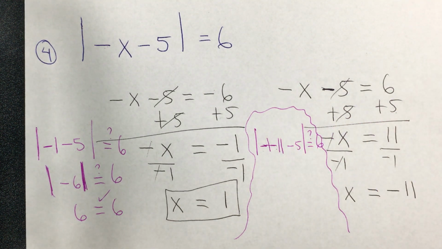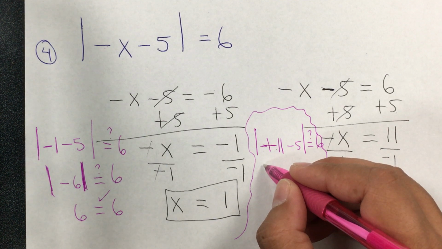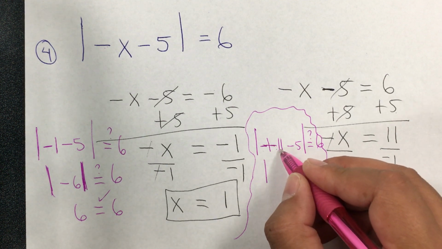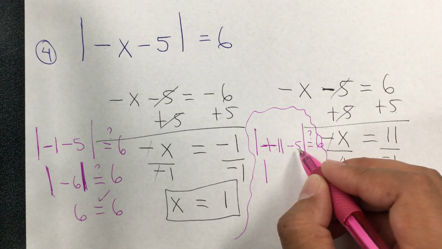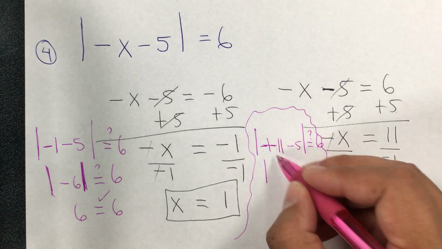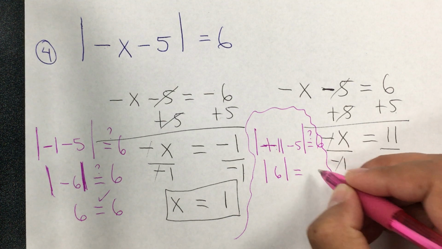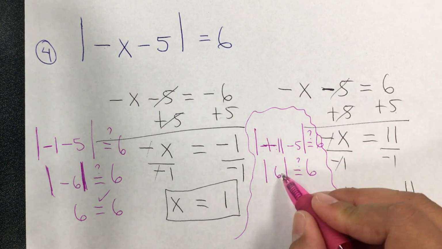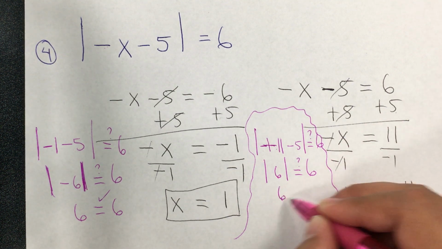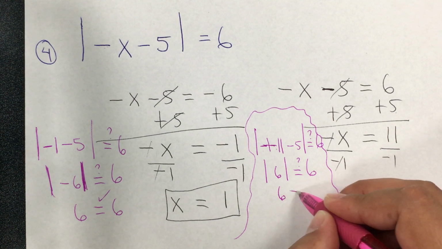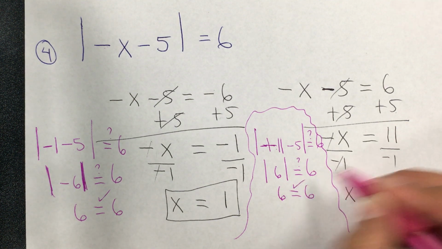So that means that the 11 becomes positive. And then we say that if this is positive 11 and negative 5, subtract and leave the greater sign. So 11 minus 5 is 6. Is it equal to 6? The absolute value of positive 6 is positive 6. So 6 is equal to 6, so check.